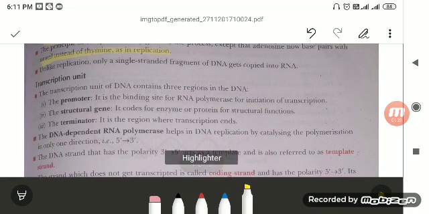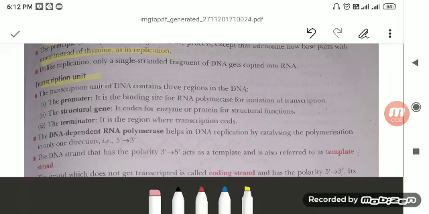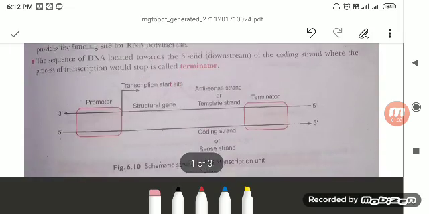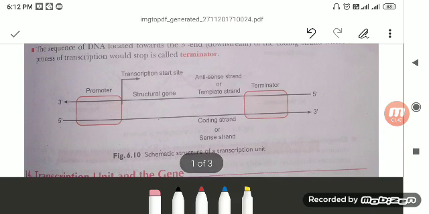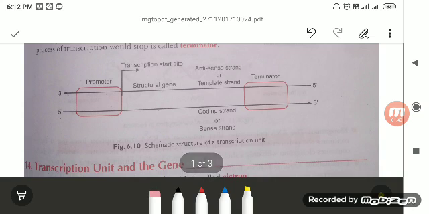So first we will discuss what we mean by transcription unit. So what is a transcription unit? You know the DNA is double stranded, as shown in this schematic structure of the transcription unit. One strand is from 3' to 5', and the other strand is from 5' to 3', meaning they are antiparallel to each other.